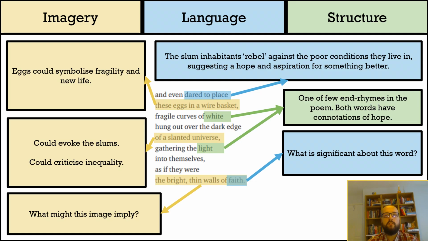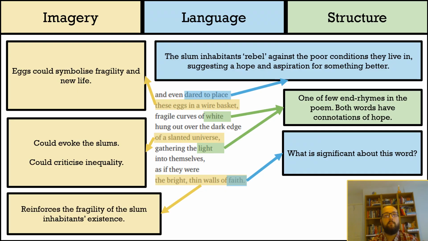But they are also slanted due to their haphazard construction. On the other hand, this image could be seen as an attack on the contemporary world. Dharker might be asserting that the universe is wonky or wrong as it's full of inequality and poverty.